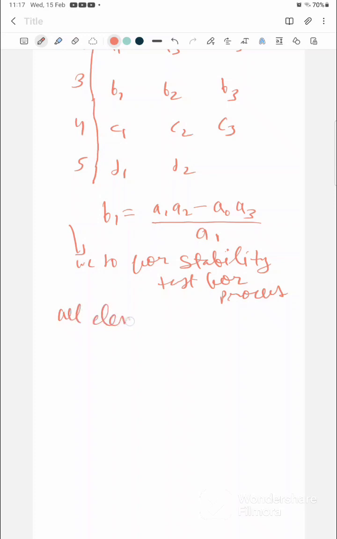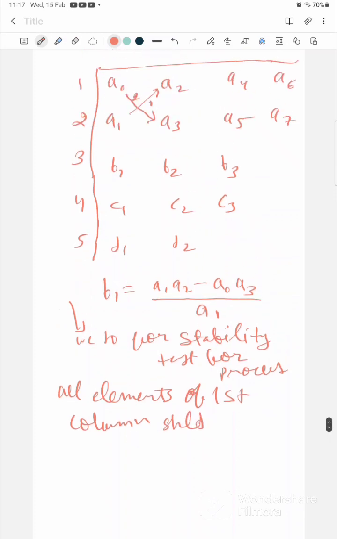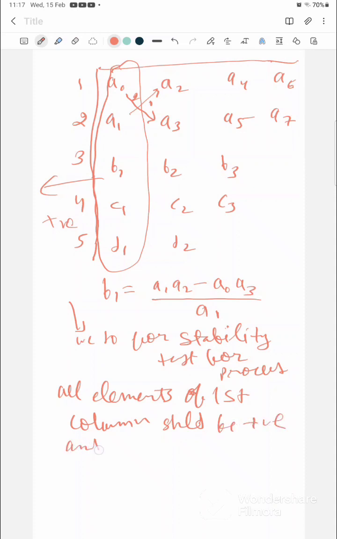All elements of the first column should be positive and non-zero.